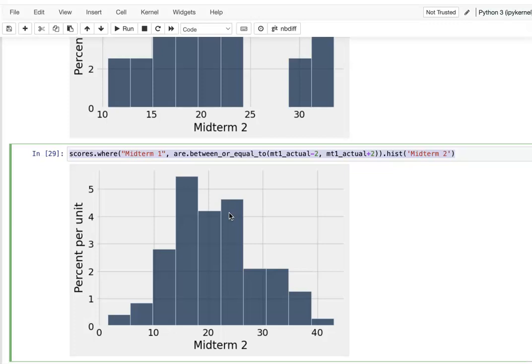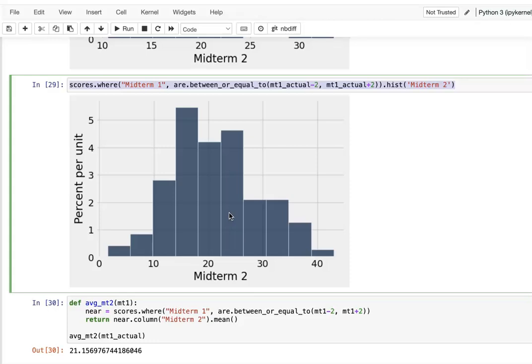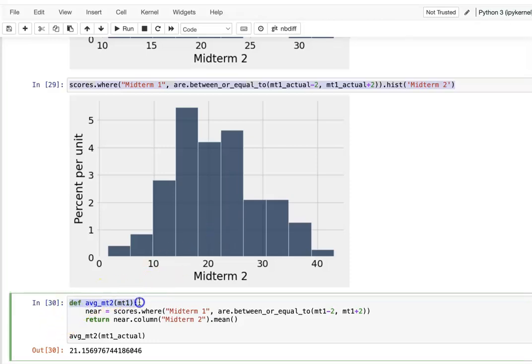We can use the average to represent the range. So we get the nearest neighbors, the range, according to midterm 1 and midterm 2 grades, and use the mean to represent the grade as the estimation.